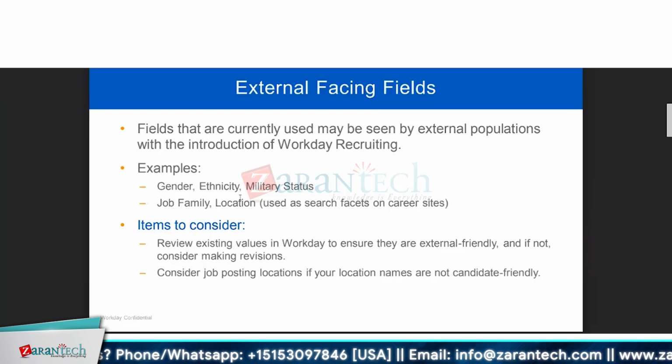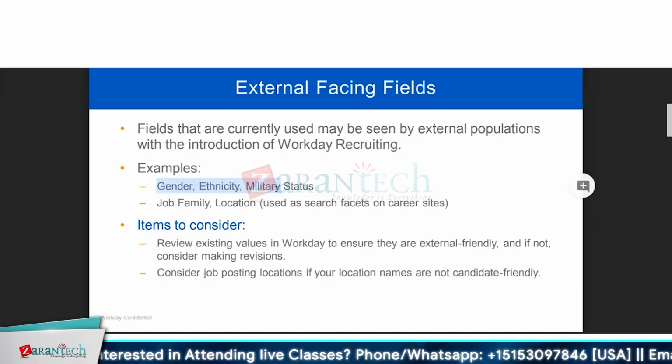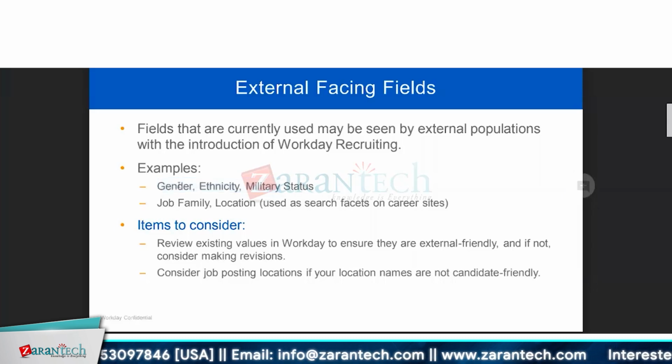So you could change the label of the location so it's more user-friendly. Also, for certain terms, there's something called maintain labels. So you could change what Workday calls it and give it a more user-friendly label. And that label will show up to the external workers.